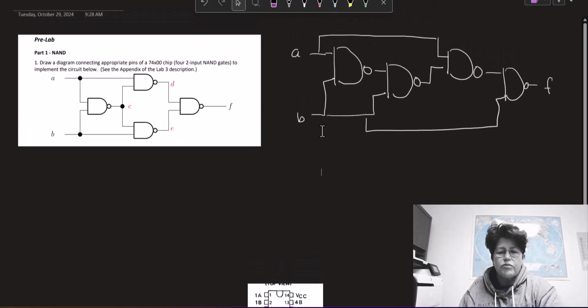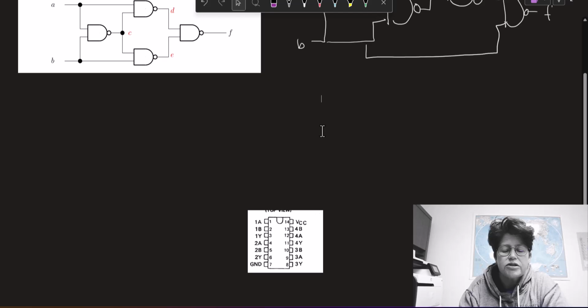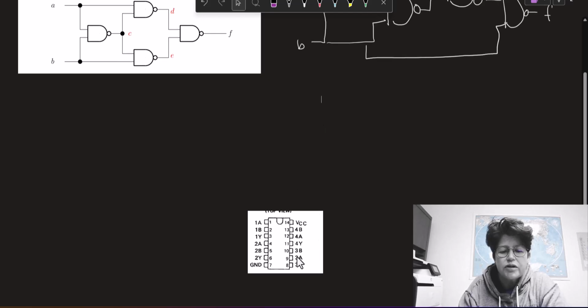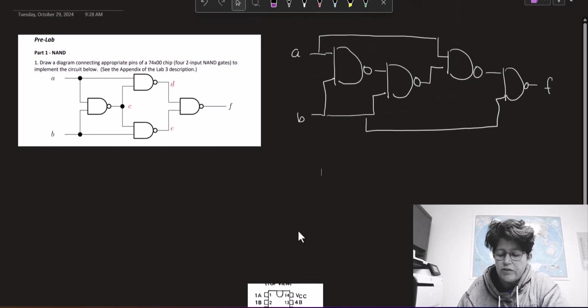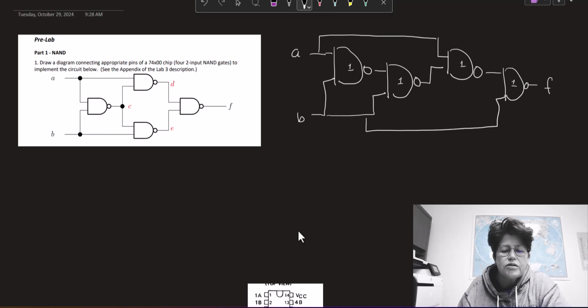If we look at our chip, it has 4 NAND gates, 1, 2, 3, and 4, so we only need 1 chip. If we were using more than 1 chip, we might label which chip these were coming on. Then you can just decide which actual gates you want to use for each of these.